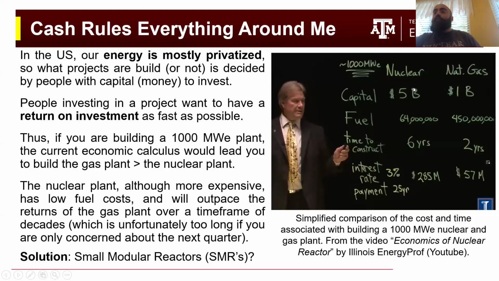As a result, if you're borrowing a certain amount of money and paying interest on that loan for a certain period of time, and it's taking you longer to start getting revenue from your plant, then over the life of the loan, the interest paid to finance the nuclear power plant is much, much higher than the interest you have to pay to finance the gas plant. So that's the short term kind of economics of it.